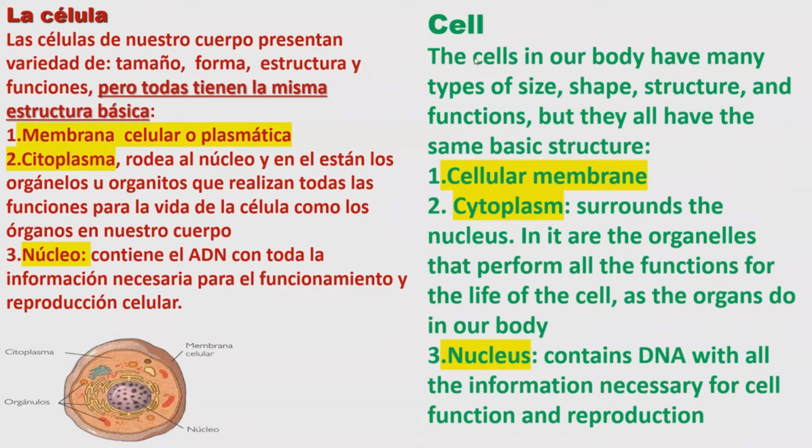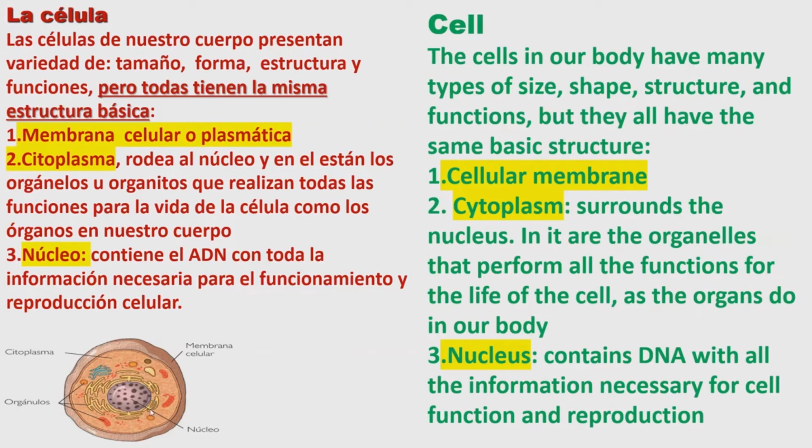As I told you, the cells in our body have many types of size, shape, structure, and function, but they all have the same basic structure: cellular membrane, cytoplasm, and nucleus. The cytoplasm surrounds the nucleus. In it are the organelles. Look at this.